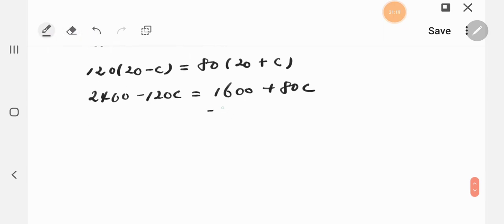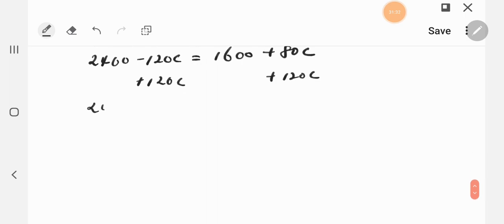Before you subtract, why don't we move the variable terms together? So collect the variable terms first, and then move the constant term to the other side.